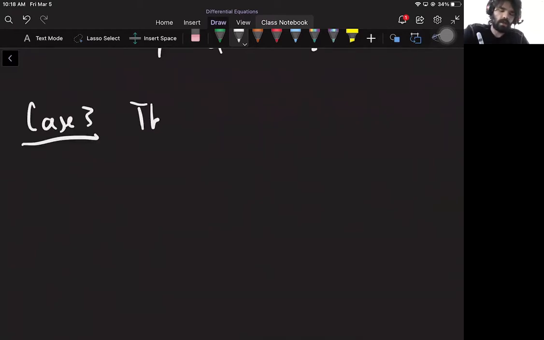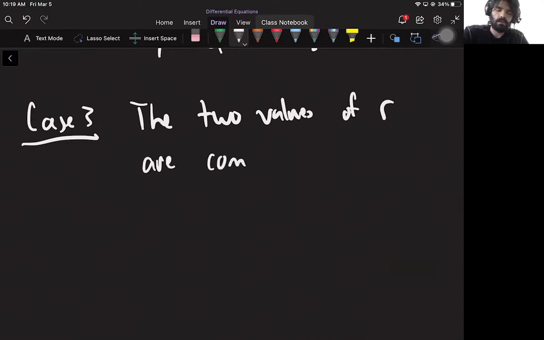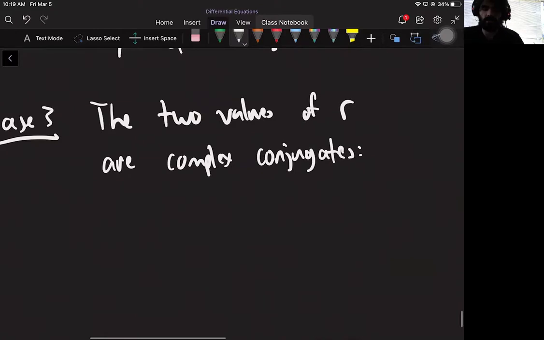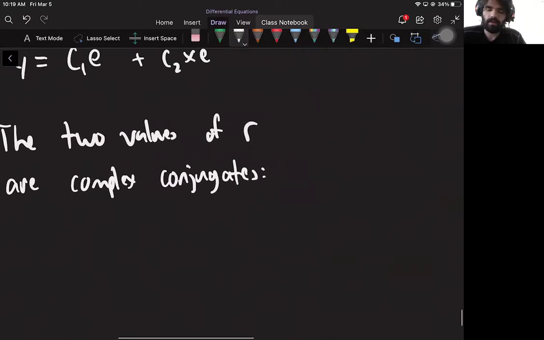So now the two values of r are complex conjugates. Very scary sounding. So in the quadratic formula, if you have a negative in the square root, this can happen. Your two answers will be complex numbers, and they will be of the form a number plus b times i, and the same two numbers, but with a minus.